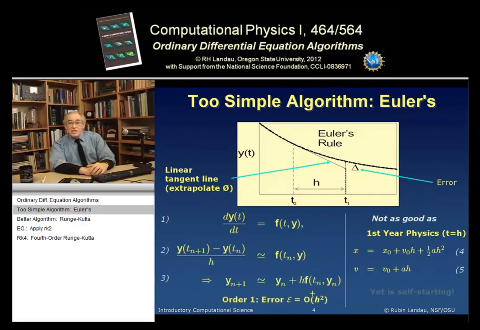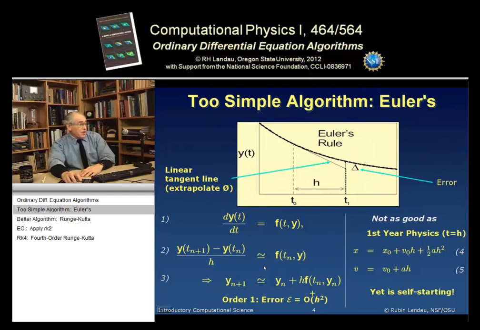Okay, so what we see here now on the slide is equation 1. Equation 1 is just the equation we like to solve. That's our standard form for a differential equation. It says the change in the position y as a function of time is equal to some derivative function.